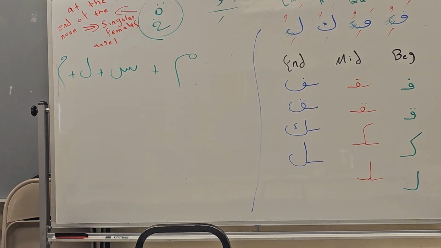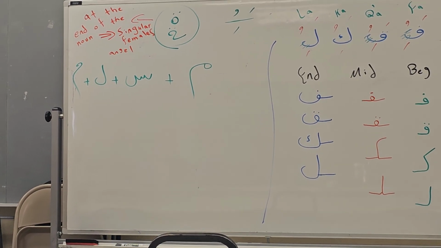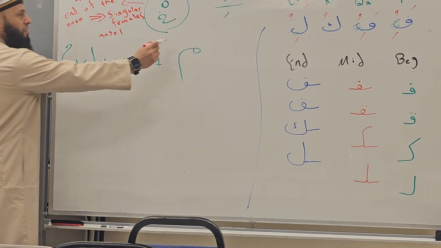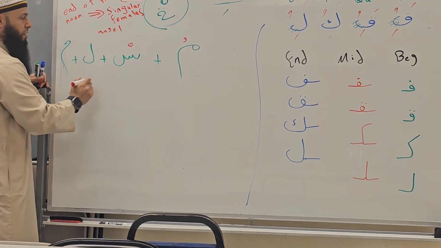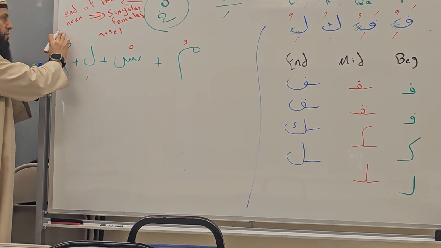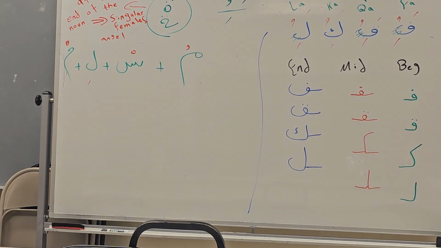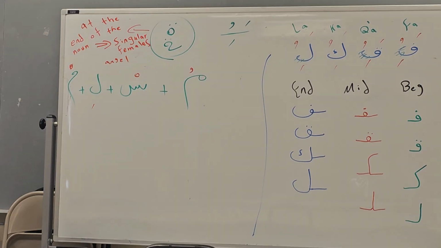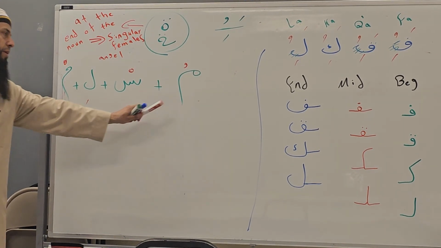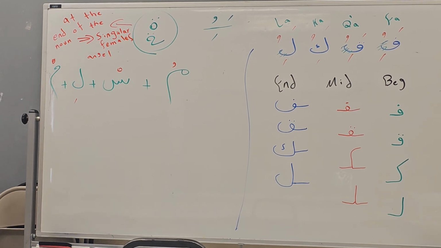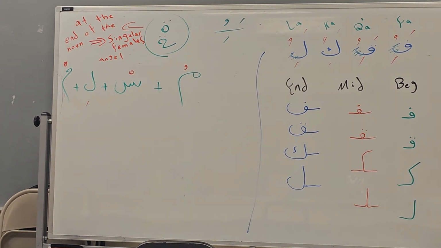That's damma, Mus, Muslim. Kasra, kasra, sukun. Muslim. So ma at the beginning, and then sa, la in the middle, and then ma at the end. That's Muslim. Okay?